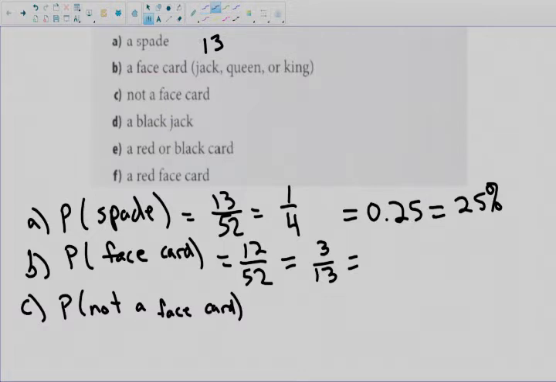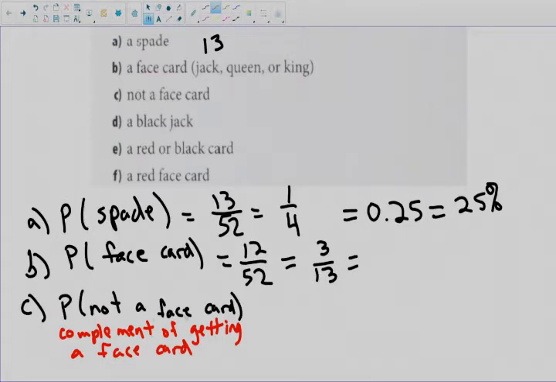And I'm going to write that underneath here. So in probabilities, when you have one probability that gives you the probability of doing something, and the next probability is the probability of not getting that thing, that is called the complement.